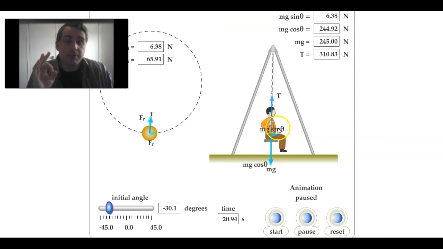But the tension force has to be larger than the weight because, since the object's in some bit of circular motion, the tension force also gives us a net force, which is the directional force. So the tension force should not be the exact same as the mg cosine theta the entire time. Okay? So in fact, the tension force is always going to equal the mg cosine theta plus the centripetal force at that moment. So that's correct. The tension force should equal mg cosine theta plus the centripetal force at that moment.